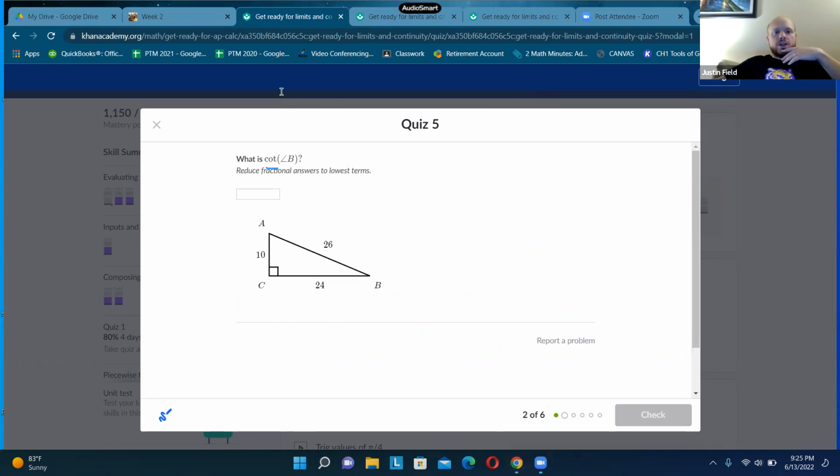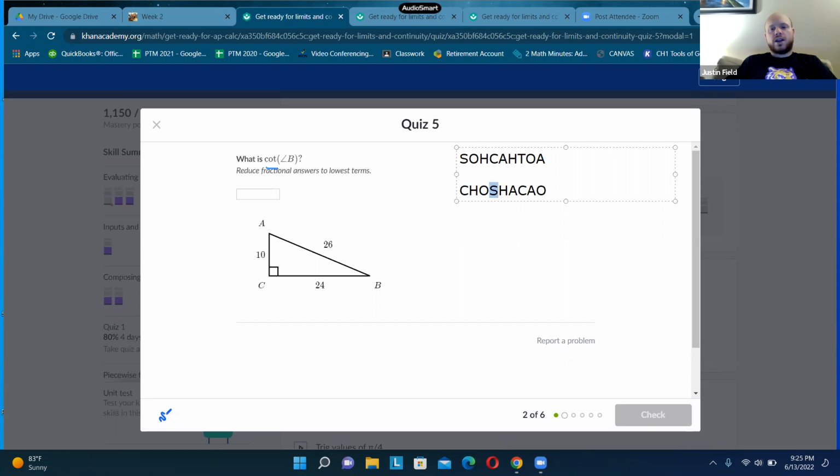All right, so let's remind ourselves of SOH-CAH-TOA, and then cotangent, CHO-SHA-KAO, CHO-SHA-KAO. So the cosecant is the hypotenuse over the opposite.